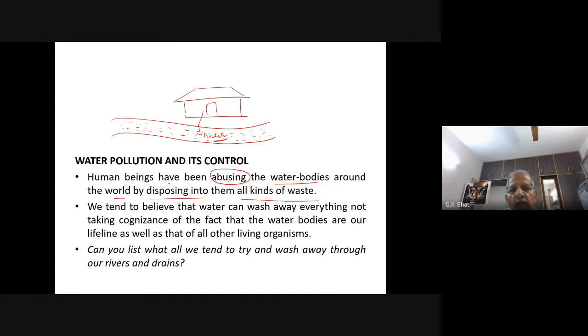Human beings have been abusing, wrongly using the water bodies around the world by disposing into them all kinds of waste. We used to go to the river to take a bath, and to wash our clothes.